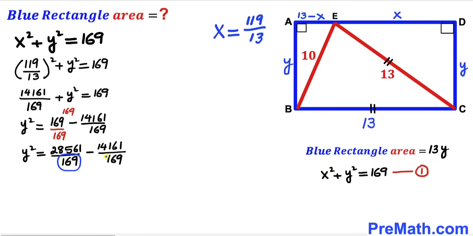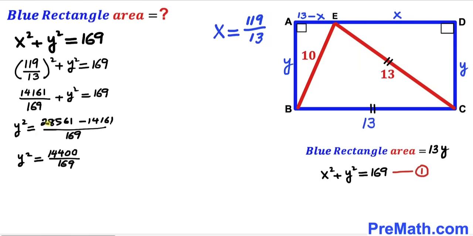This way we got the common denominator of 169, and that gives us y squared equals 144 with two zeros, divided by 169. I'm going to undo the square with the square root on both sides. So our y value is going to be the square root of the numerator, which is 120, divided by the square root of the denominator, which is 13.